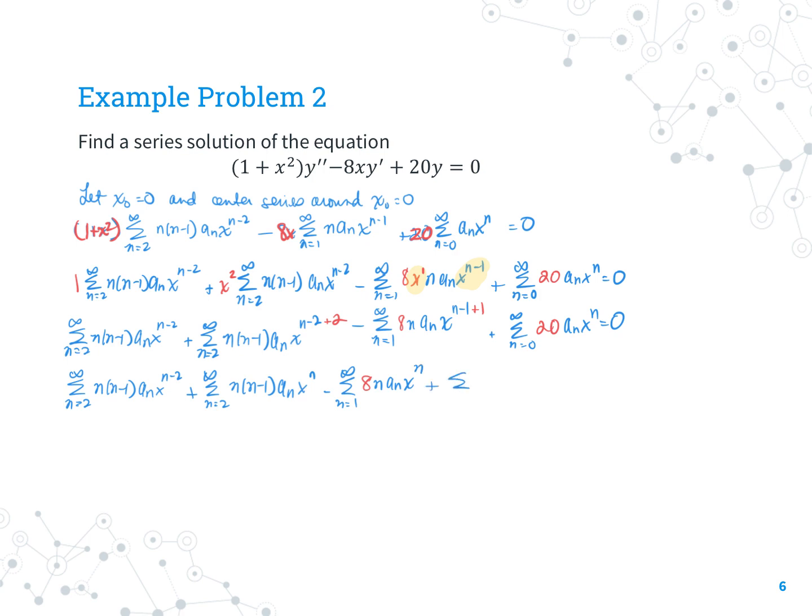And then the sum from n equals 0 to infinity of our 20 a sub n x to the n.